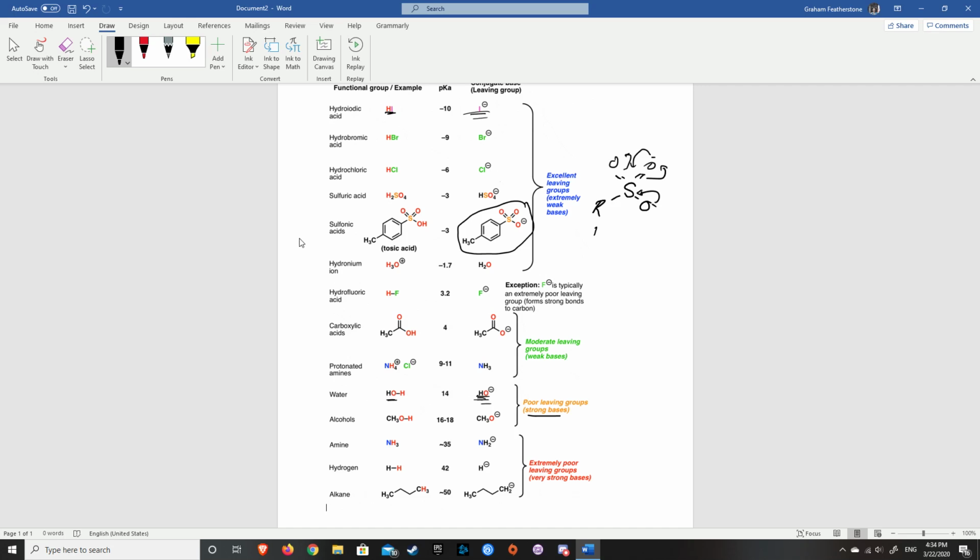So in this case, iodine is not a great nucleophile. Bromine, not a great nucleophile. As soon as we get down to the bottom, we've got very good nucleophiles. They form very stable structures, and they're very poor leaving groups.